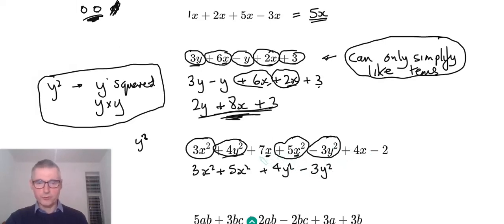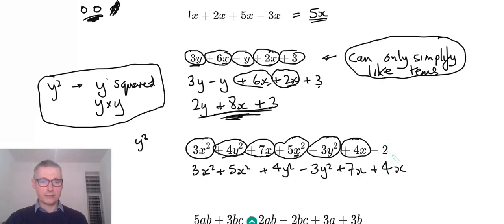So we can see that we've got 7x there, and we've got plus 4x there. So we're going to write them next to each other. That's going to give me plus 7x and plus 4x. And then we've only got this number at the end, minus 2.